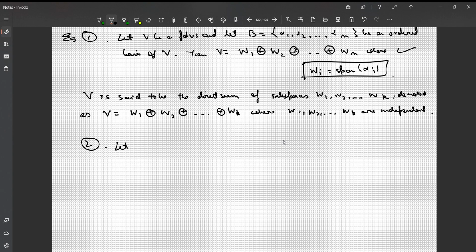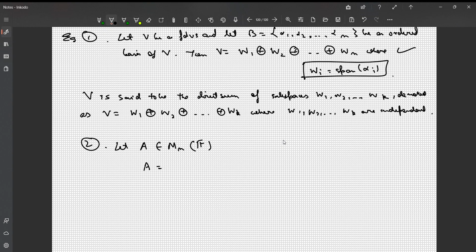So let A belong to the vector space of all matrices of dimension n cross n over the field R, or you can just take an arbitrary field F as well. Doesn't matter. Right?